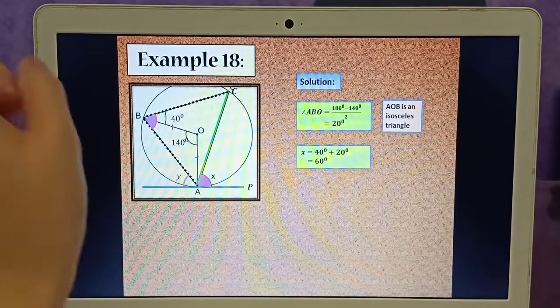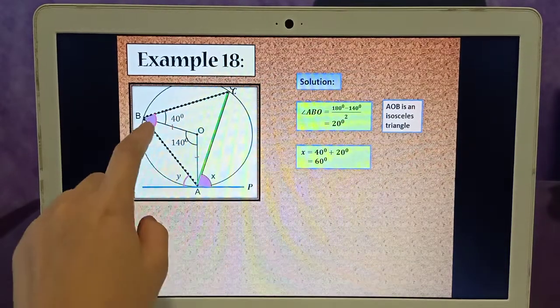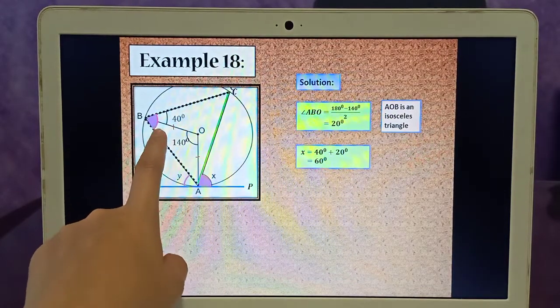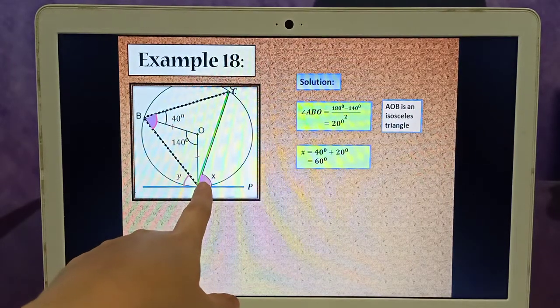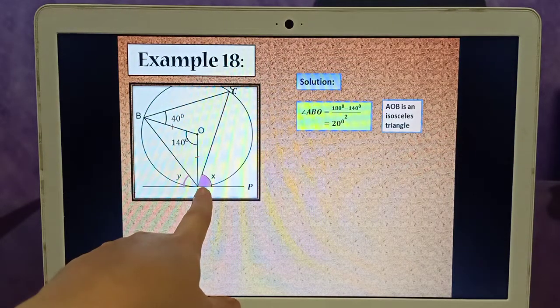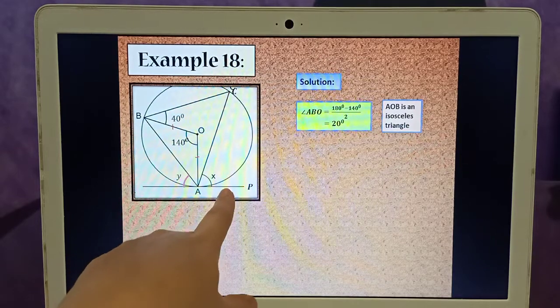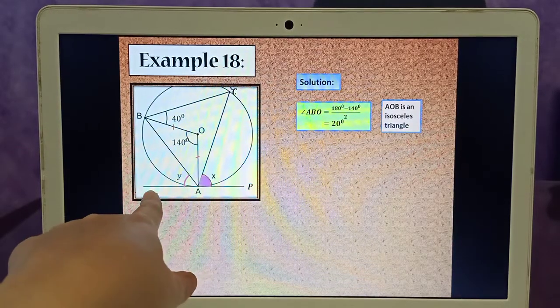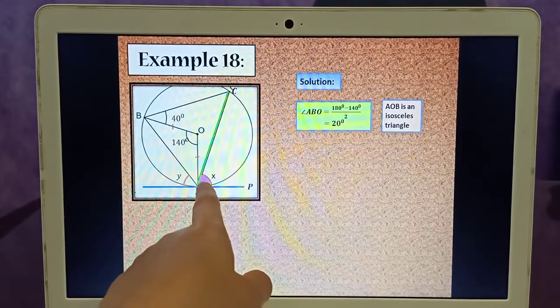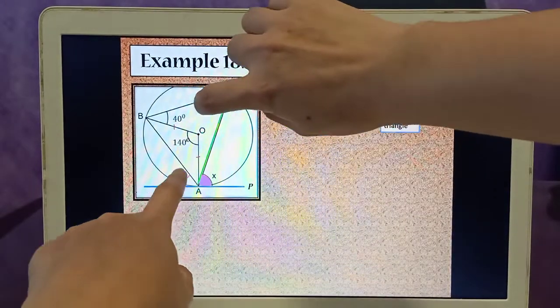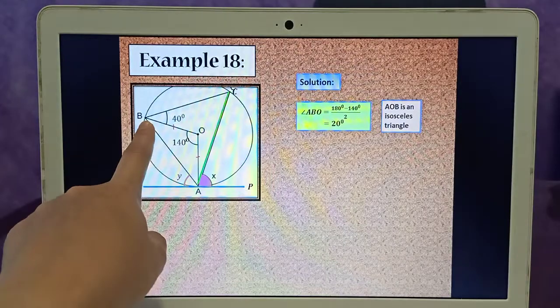So, you see, why did I find 20 degree just now? Because I know that angle x is actually, you see here, we look back, angle x is the angle formed by the tangent and the chord here. So this angle is equal to angle ABC.